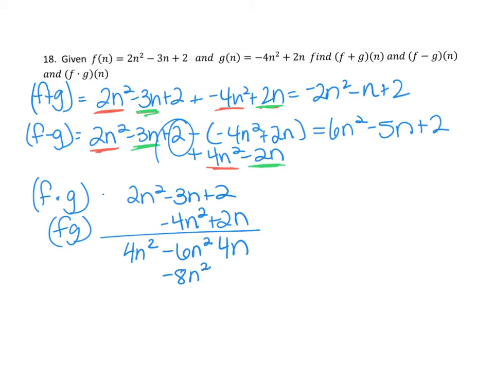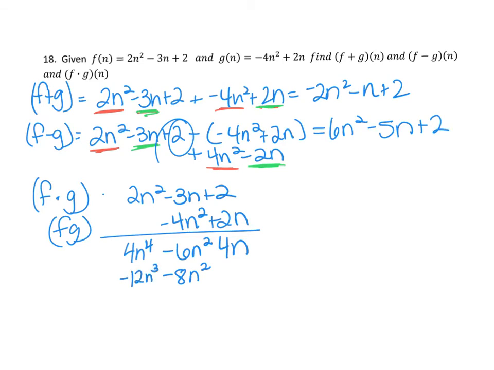Oh wait, I made a mistake here. Let's go back. This is not squared. N squared times n squared is n to the fourth. Okay, that's better. And then let's see, where are we? 4n squared times negative 3n, that's negative 12n cubed.